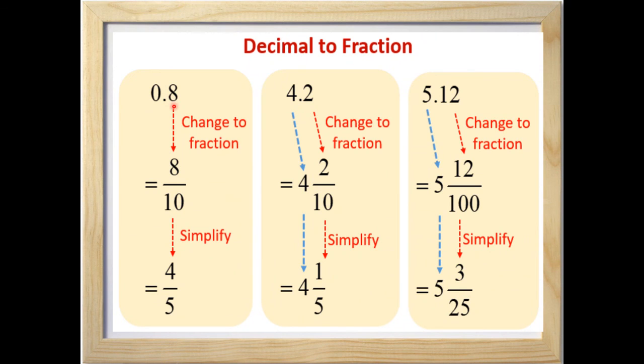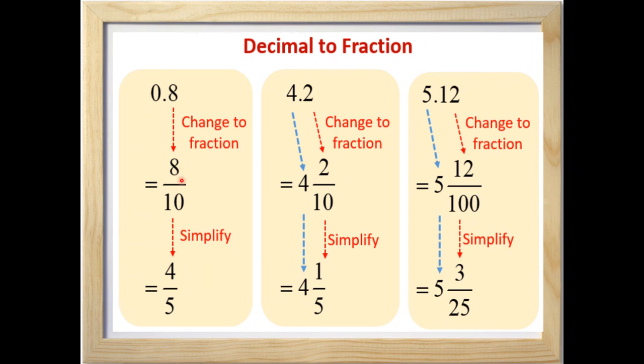Children, we have some more examples of converting decimals to fractions. For example, let us take 0.8. Here in this number, the fractional part has only one decimal place. So this 8 will become the numerator, and since it has only one decimal place, the denominator will be 10.